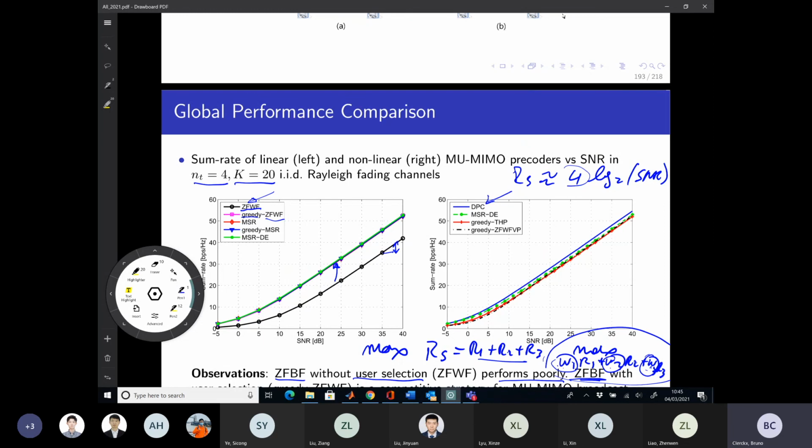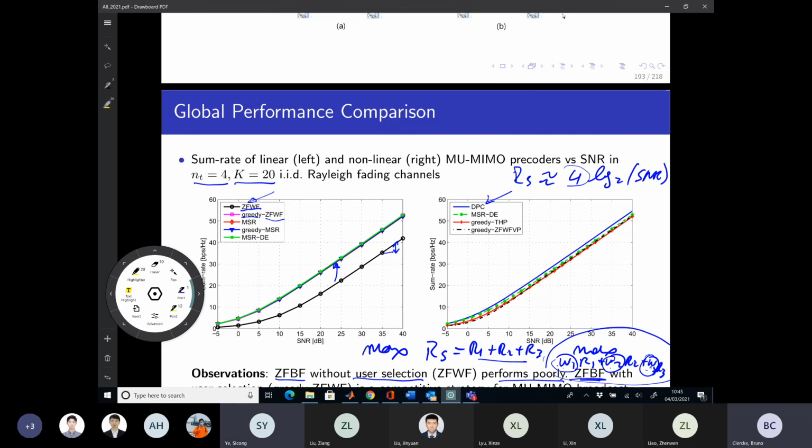But you're right, you could do that. Now, in practice, water filling is not used. Typically, what is used is uniform power allocation. So if you have 20 users and you schedule, for instance, 4 users, then you would split the power uniformly among those 4 users. If you have 3 users, you split it uniformly among 3 users. But you're right, you could use water filling power allocation.